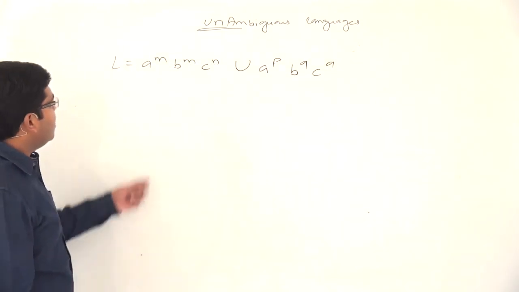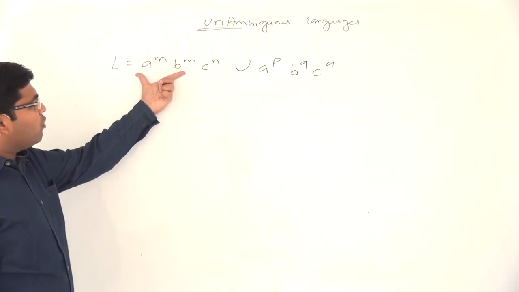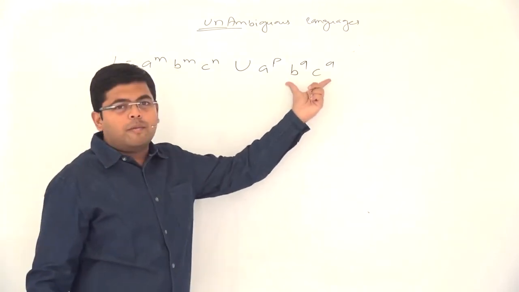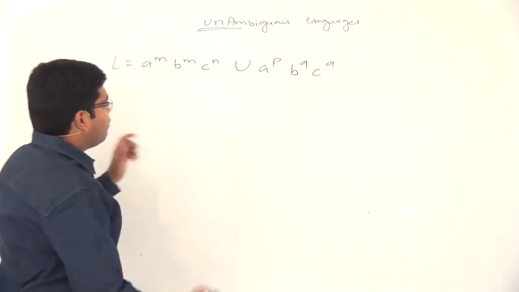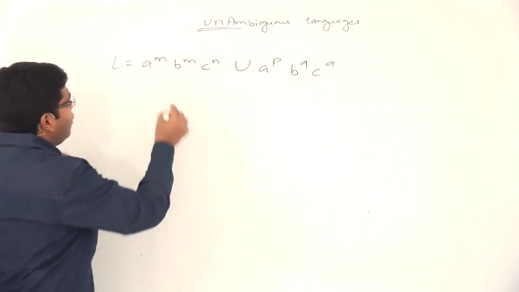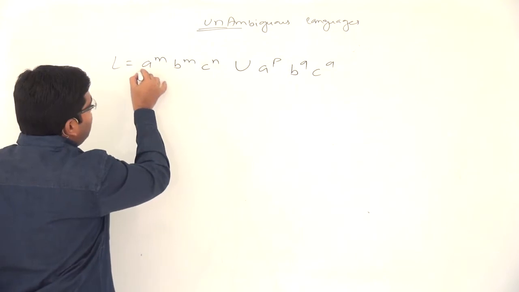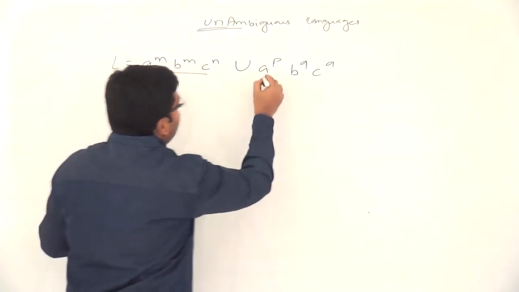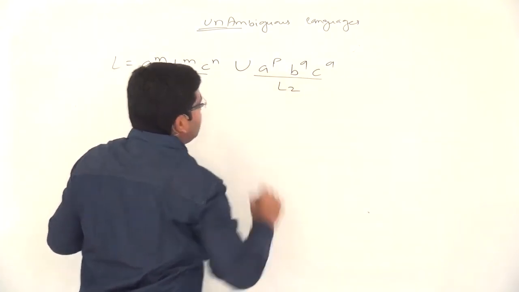What does that mean? You want either an equal number of A's and B's or an equal number of B's and C's. So first of all, we will write down a grammar for this particular language, and we will break this language into two parts. We will call them L1 and L2.